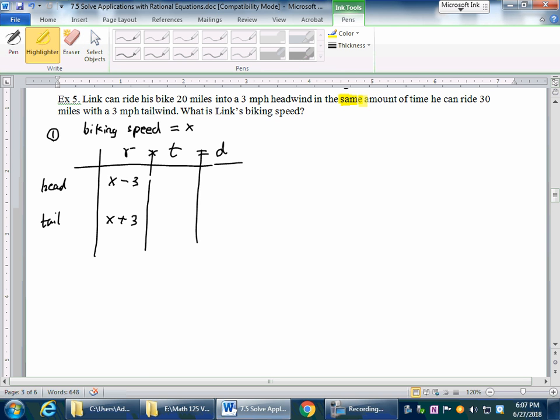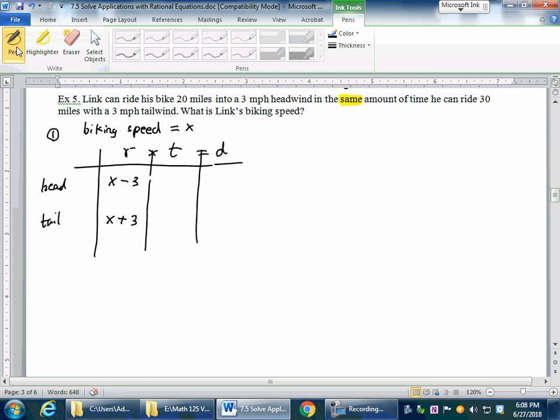So that means the time by headwind and the time by tailwind are equal. But we cannot use another variable because we are talking about one variable equations. So we need to find a way to manipulate.